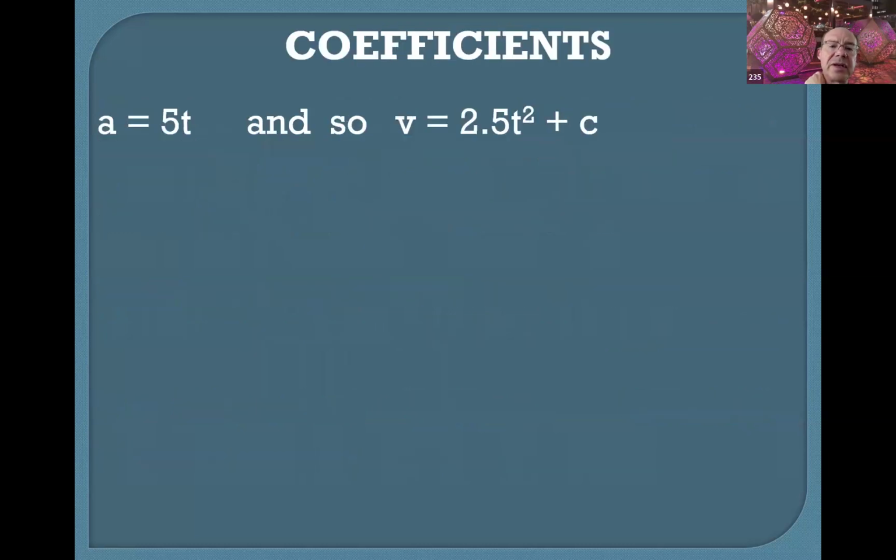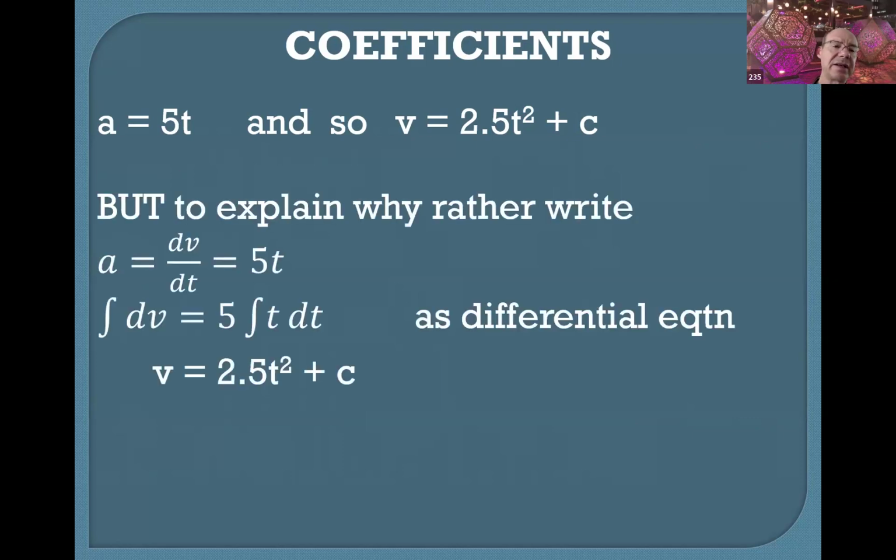When it comes to differential equations, acceleration is 5t, integrate that to get velocity. So often that is taught as a shortcut. Why? Surely maybe it is better to write acceleration as a rate.